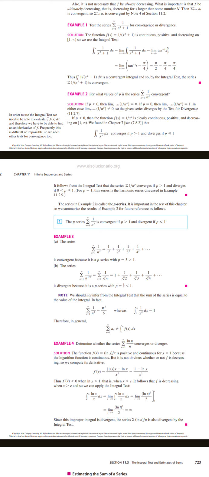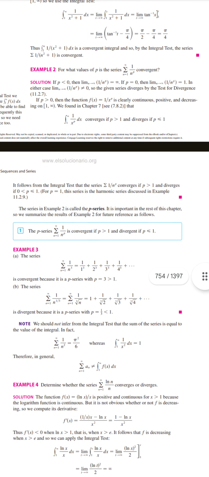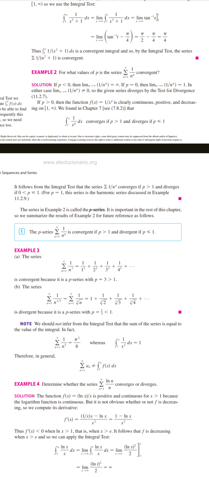Continuing the solution: if P is greater than 0, then the function f of x equals 1 over x to the P power is clearly continuous, positive, and decreasing on the interval 1 to infinity. We found in chapter 7, see 7.8.2, that the integral from 1 to infinity of 1 over x to the P dx converges if P is greater than 1 and diverges if P is less than 1.